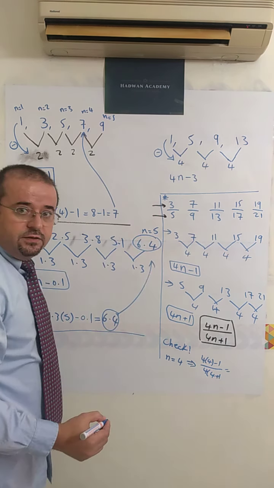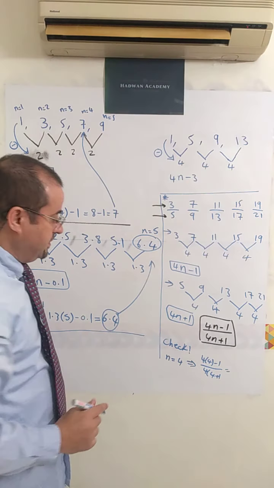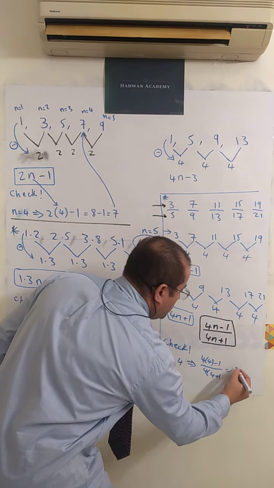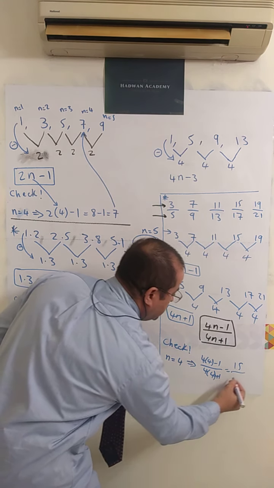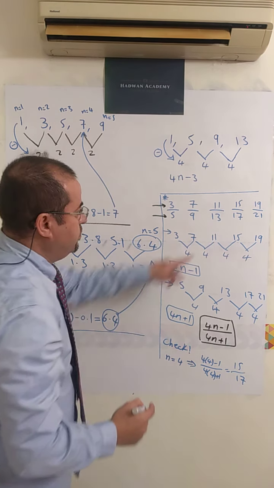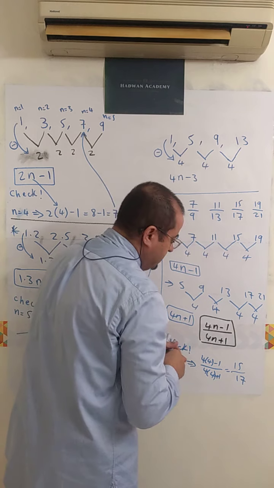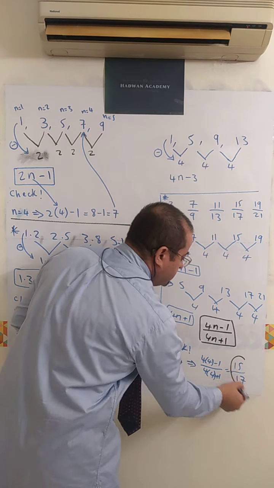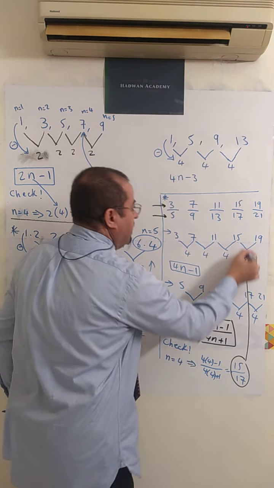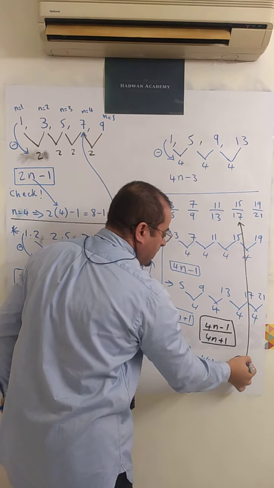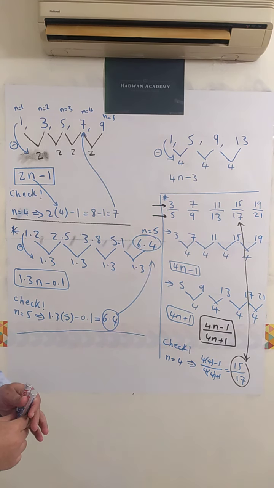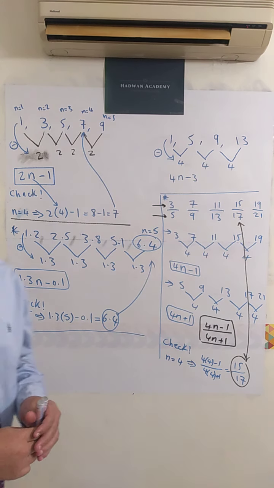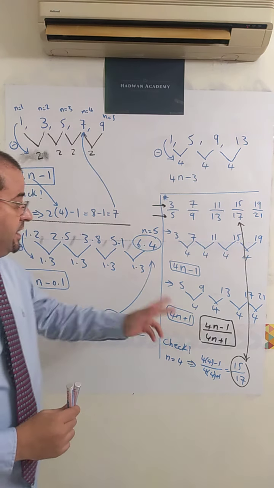So it becomes 16 minus 1, 15, over 16 plus 1, 17. And here we have this number, 15 over 17. We have it here. Okay, so we are right. Okay, guys, so this is the third case.